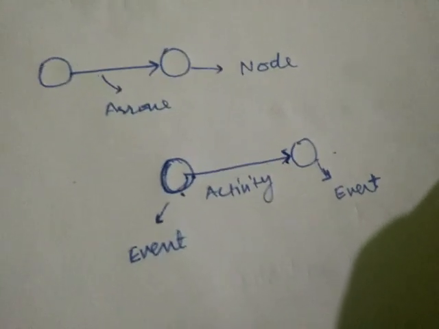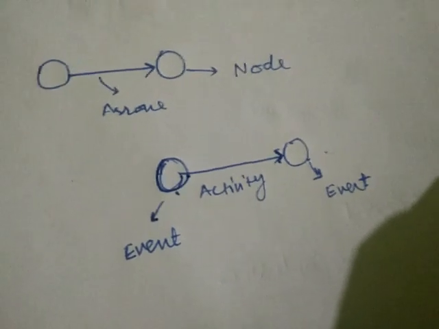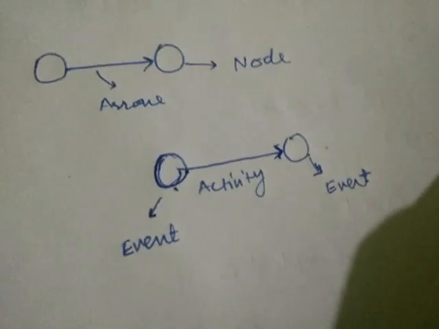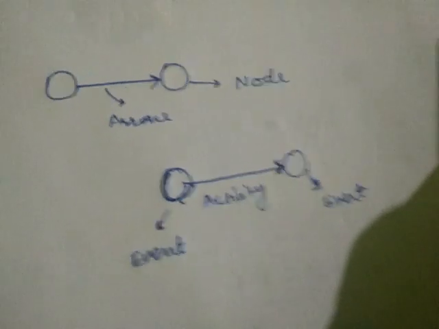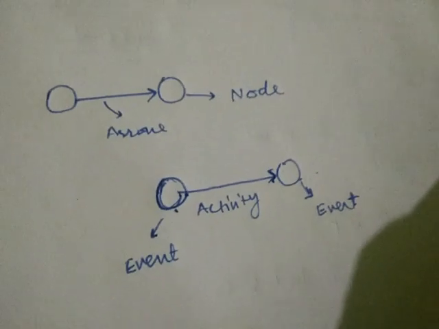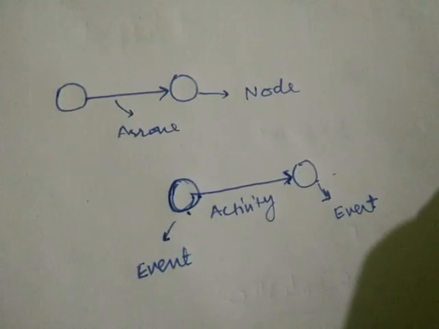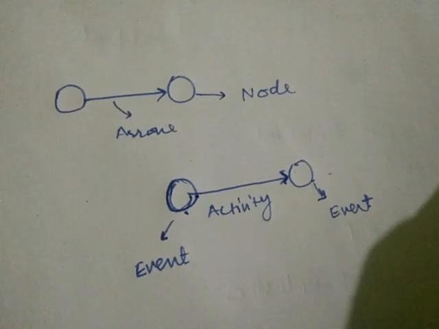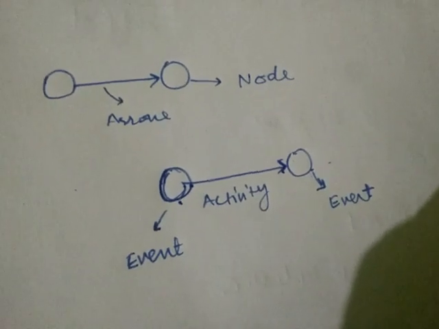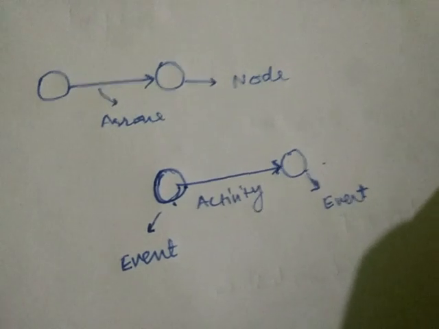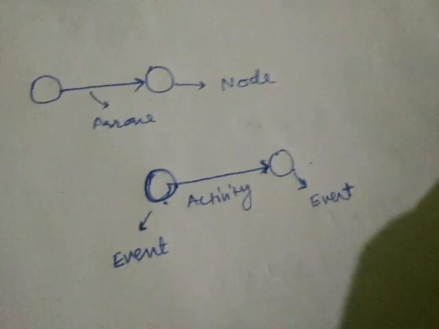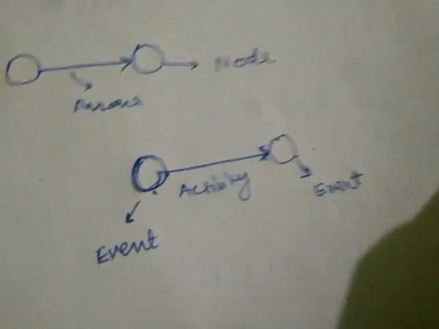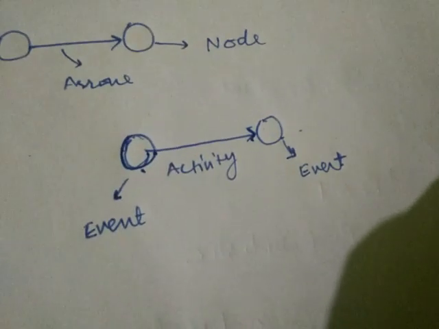So at 10 it is a starting event, and at 11 it is a finishing event, and between 10 to 11 it is 1 hour duration. So the class is the activity, and at 10 it is the start of the class, and at 11 it is the end of the class. So there is no time taken in an event, it is just start and end, and activity has a certain duration. So this is the basic difference between event and activity.